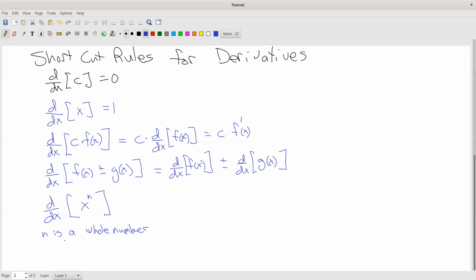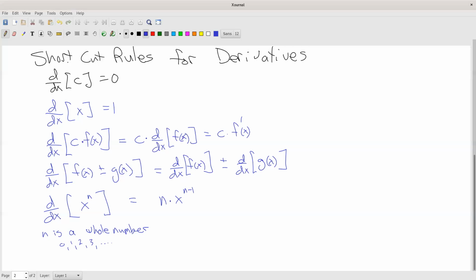So n could be 0 or 1 or 2 or 3 and so on, but it couldn't be a fraction or a negative number yet. Later, we'll deal with that. Then that derivative is n times x to the power n minus 1. I'm going to go over why this is true next.